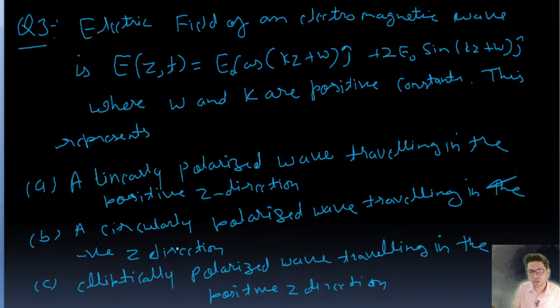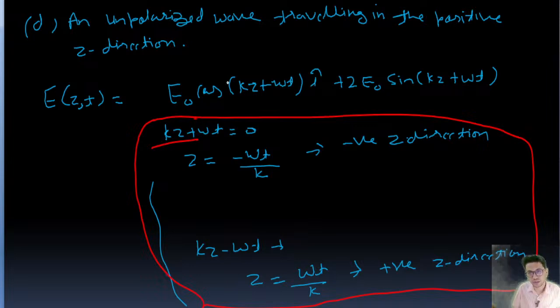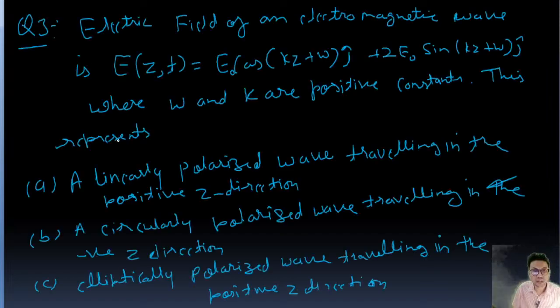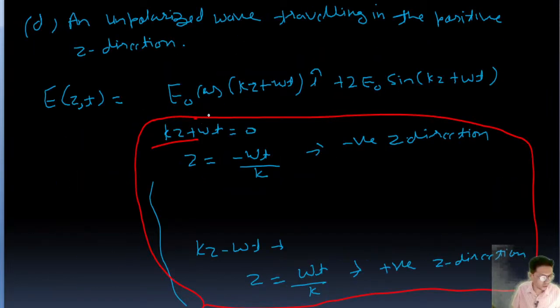So now we have got the direction, right? From here we can easily find out it is polarized in the negative z direction, because this we know, but I will solve it completely. Here E is in the form E naught cos(kz plus omega t) i cap plus 2 E naught sin(kz plus omega t).